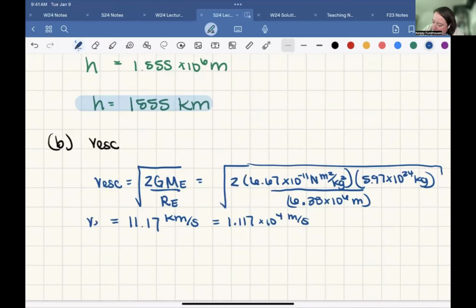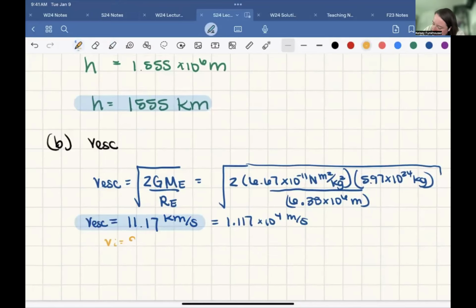But in order to compare it to the initial velocity, which is in kilometers per second, we want to compare. So the initial velocity was 9.42 kilometers per second. So too small, not big enough, which makes sense because we found a maximum height. And if it was big enough, there would be no maximum height.